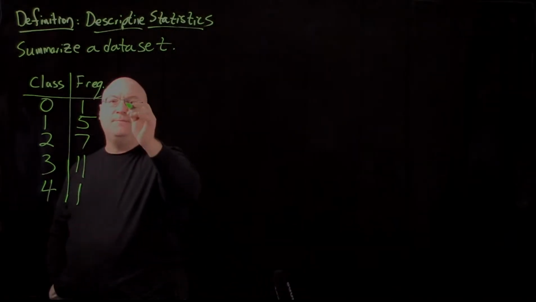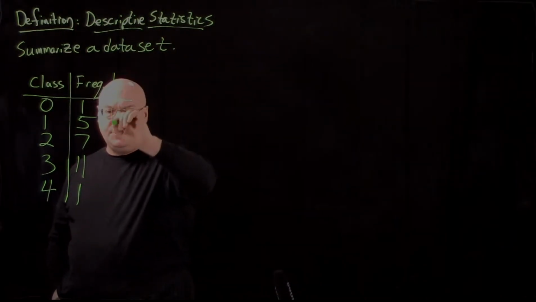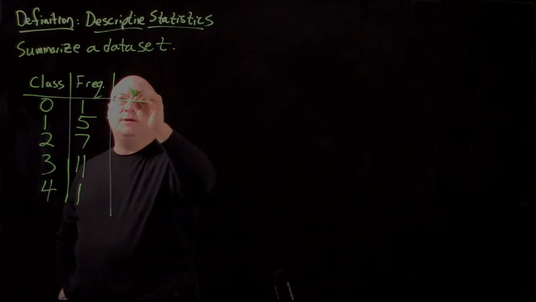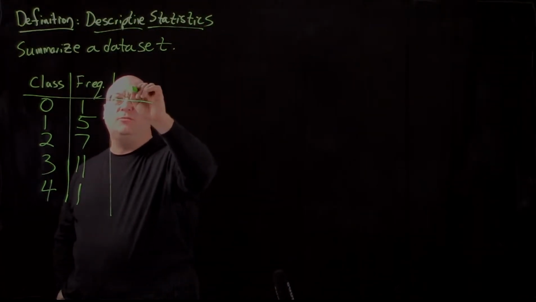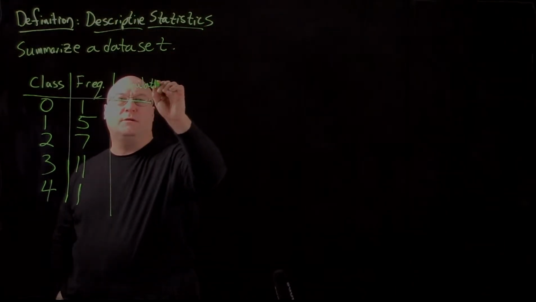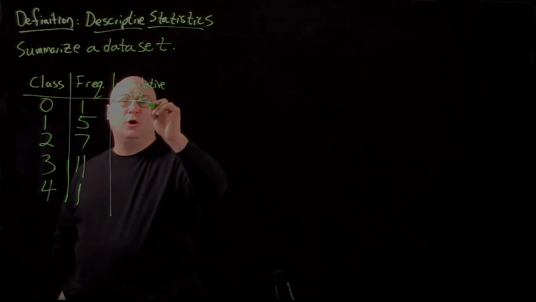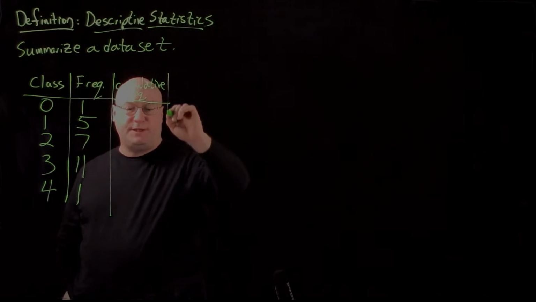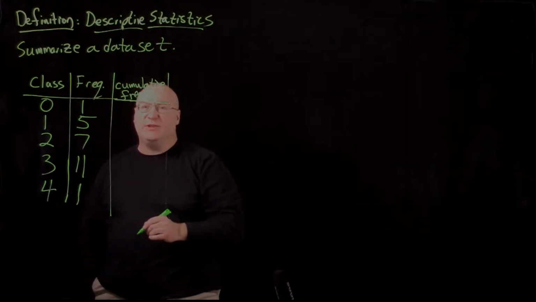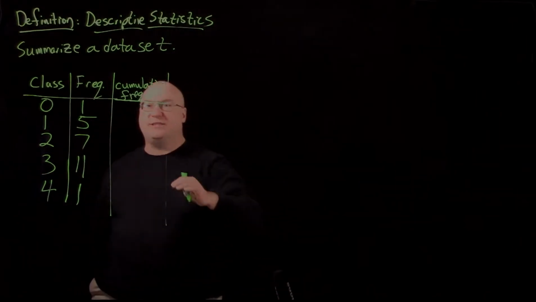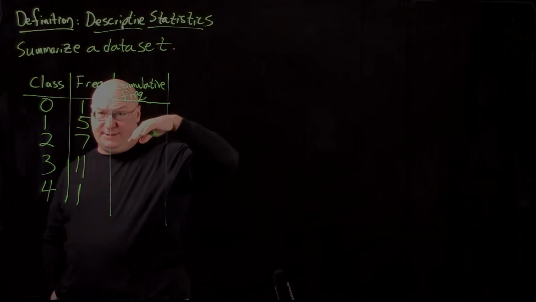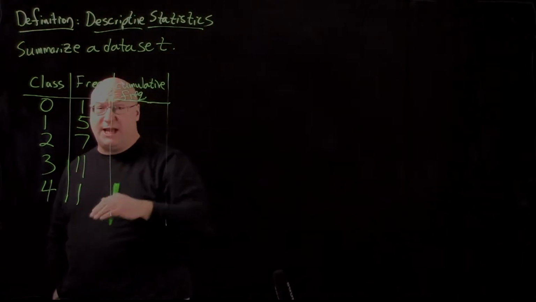There's a third column, you'll notice, and that column we call the cumulative frequency. What is the cumulative frequency? It is the frequency of the particular class at which you're looking, together with all the classes below it.